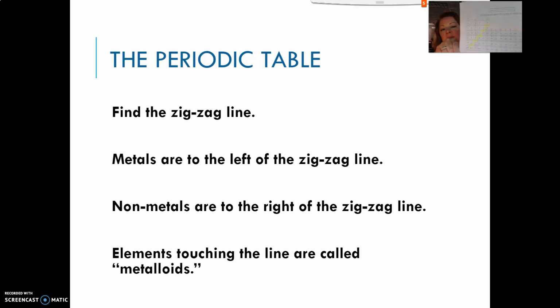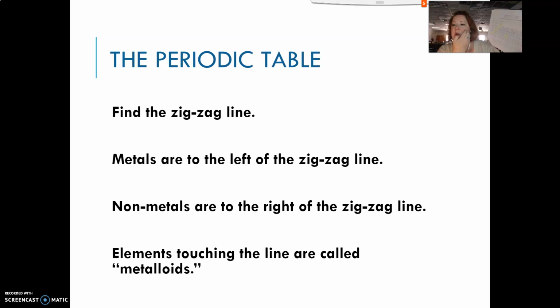Okay, so that is the metalloid line, that zigzag line. And then what I want you to do is choose your favorite metal. Mine is platinum, Pt. So I've got platinum boxed.